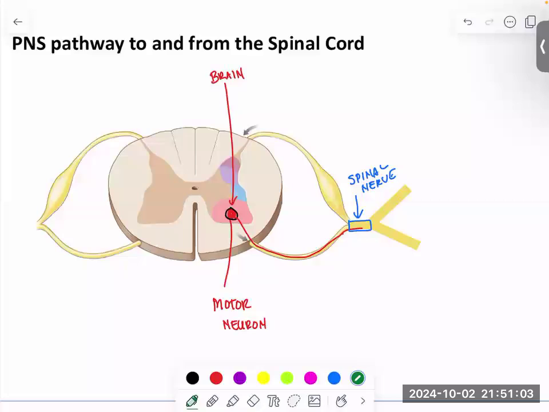From the spinal nerve, you have your dorsal ramus. That literally means dorsal branch. And your ventral ramus, your ventral branch.